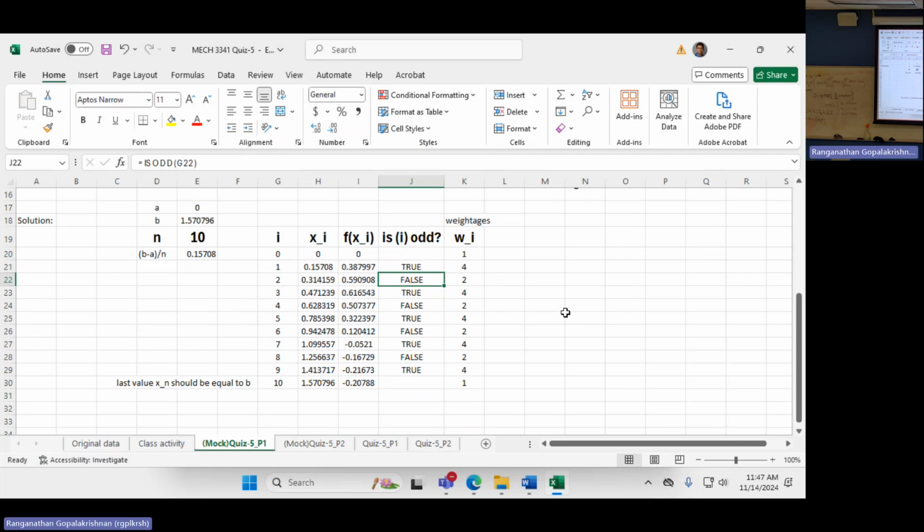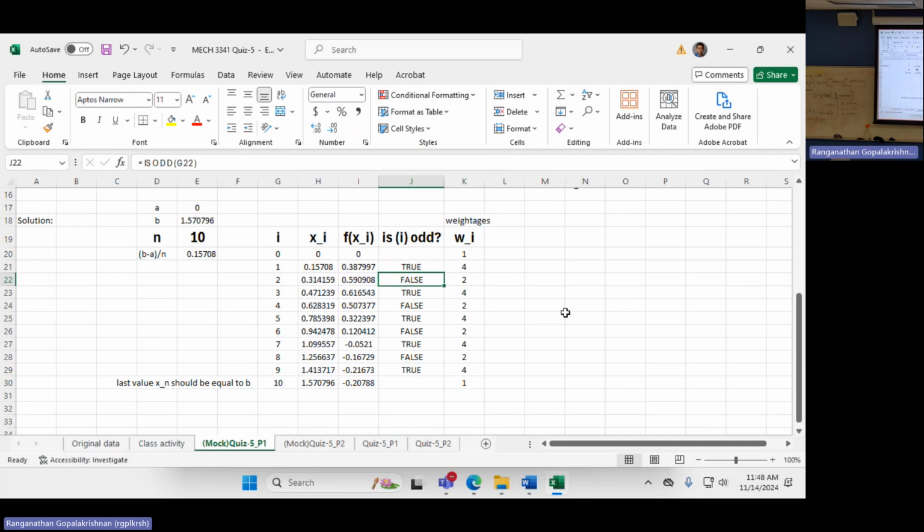So what is the formula for xi? x naught plus i times the width. x naught is always the first line, equal to A, the starting point. So this one is just equal to the starting point, A. Scroll up, your width would be b minus a divided by n.